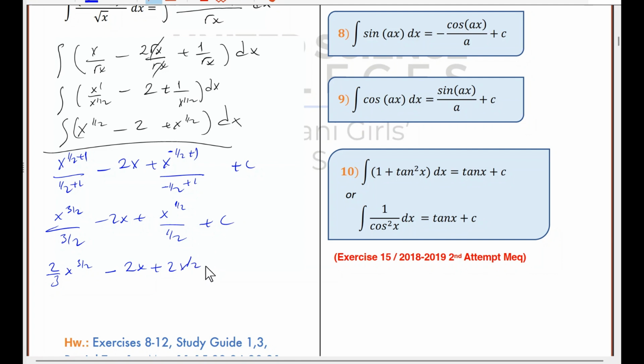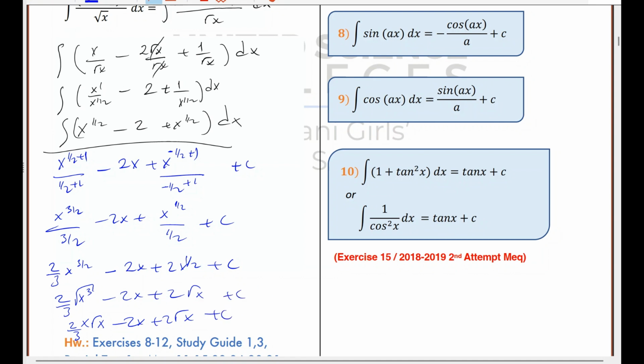Now, let's convert these fractional exponents to radicals. 2 over 3 x cubed under square root, minus 2x, plus 2, the power 1 over 2 represents square root of x. We can simplify x cubed more as x root of x. So 2 over 3 x root of x minus 2x plus 2 root of x plus c.